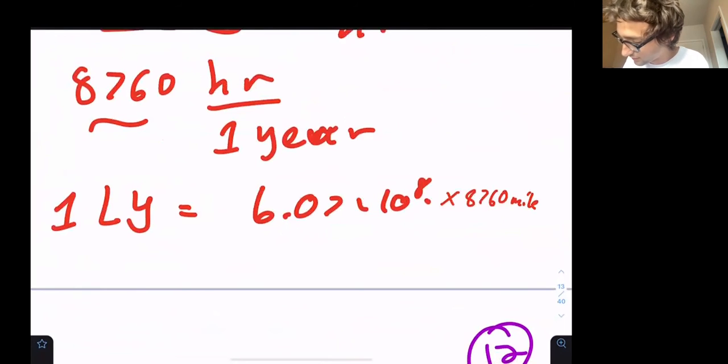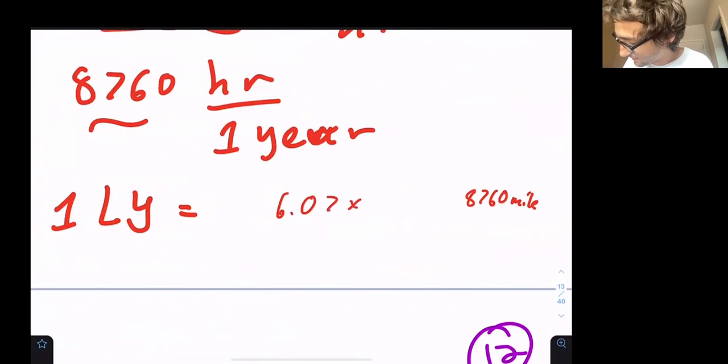Okay, so 1 light year is just this many miles. So it's a lot of miles. This is quite a bit of miles.